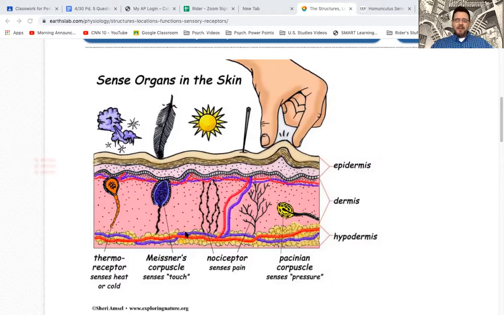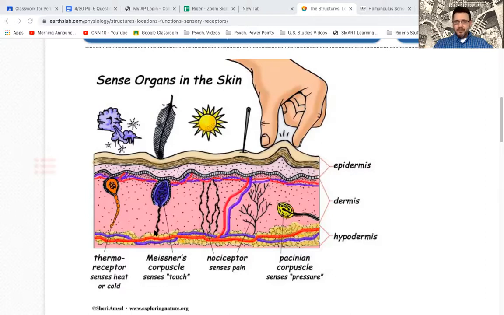And every receptor cell will have something like dendrites, just like neurons, some way to receive information from outsiders. So again, receptor cells are messengers. They're going to pick up information from the outside world. And receptor cells, look at some of these pictures, tend to have something like an axon, where they're going to send information to the central nervous system, where sensory neurons will pick up their signals.